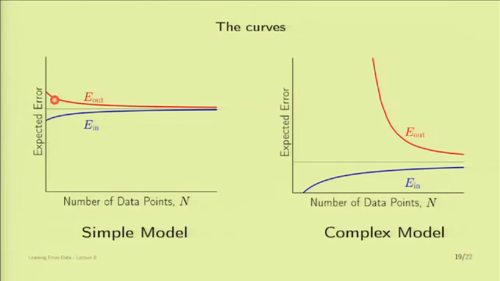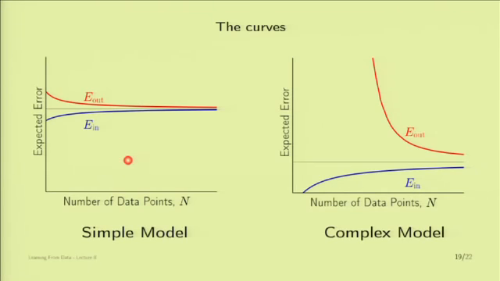This would be that area here, OK? So whether you are taking the difference between the blue and red curve or the difference between the red curve and the black line, that area is smaller here than here. Therefore, the simple model is better as far as the generalization is concerned.